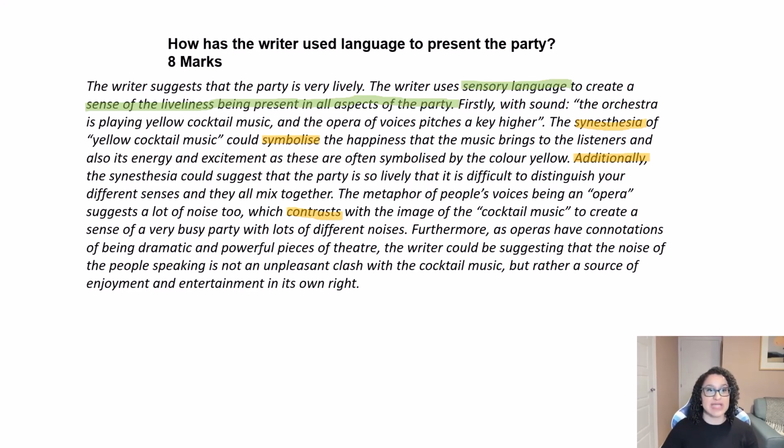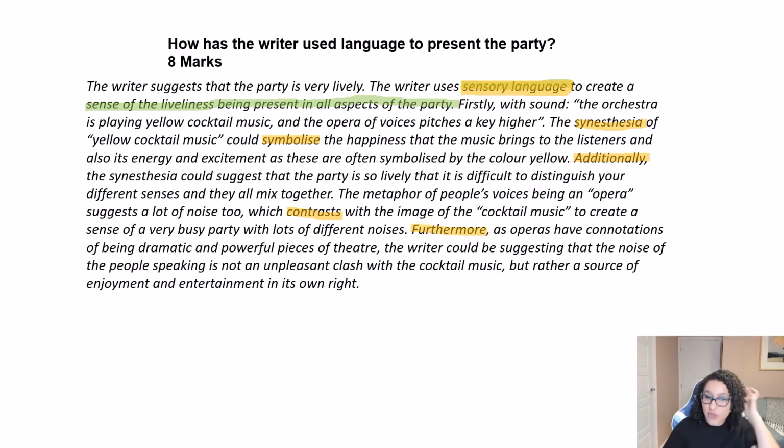So we've looked at the yellow cocktail music and we've looked at the opera, and we're starting to look at how they contrast. Note how much different terminology we've had. We've had the sensory language, synesthesia, symbolize, contrast. There's lots of different terminology being talked about, and it is being talked about. That's the key thing. They're not just technique spotting and moving on, they're actually commenting on it.